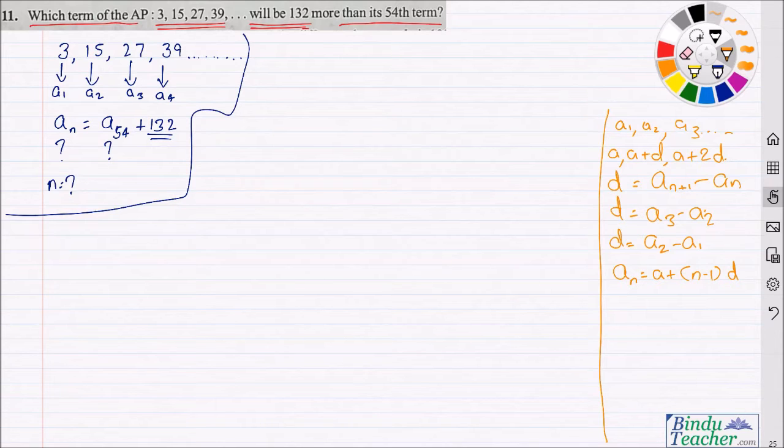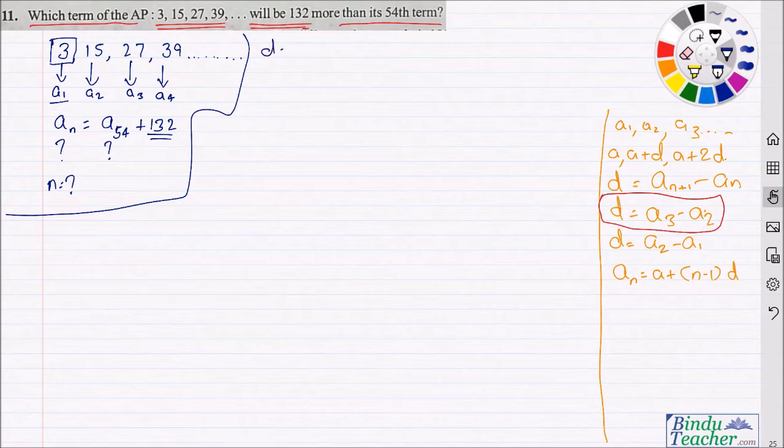So if you look at the question, we have the value of a. The value of a is the same as a1, which is 3. But we don't know the value of d. So let's use this formula to calculate the value of d.